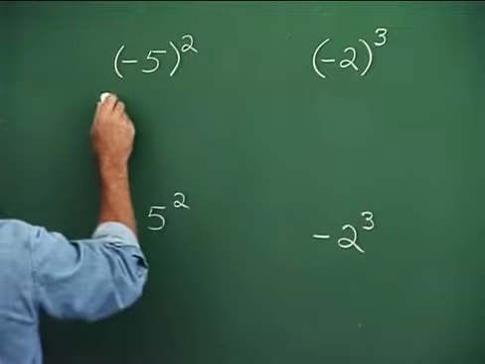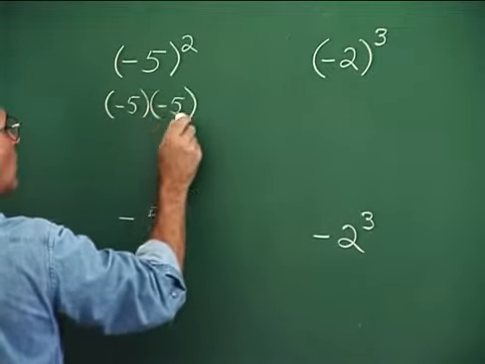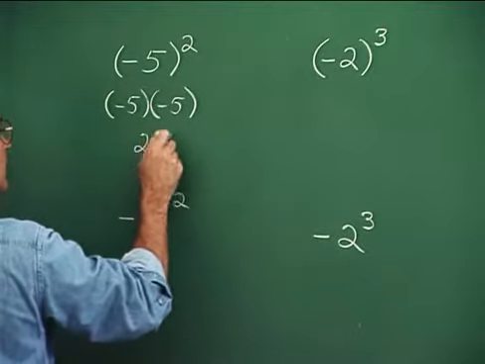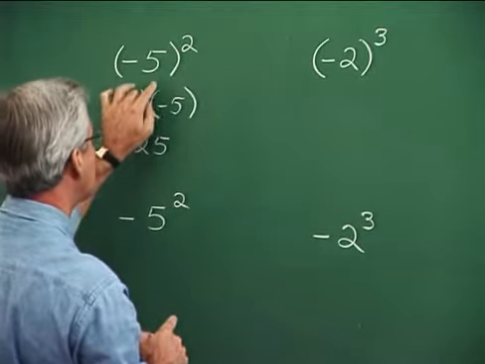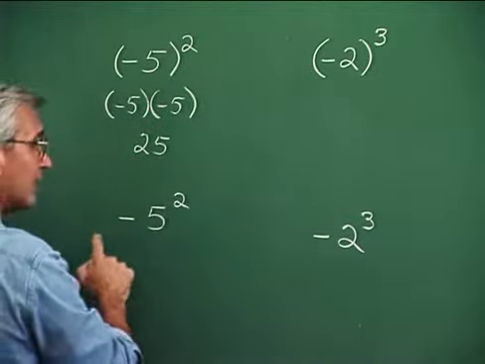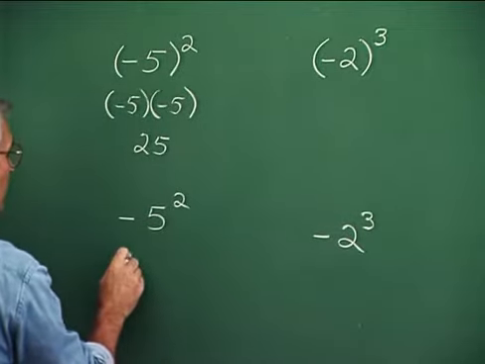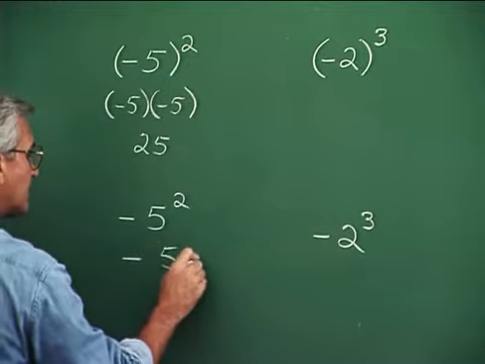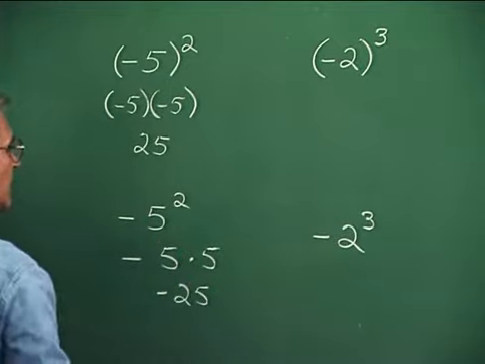So this means negative 5 times negative 5, or 25. And we don't really have to write this step if we understand that this is negative 5 times negative 5. We could go directly to the answer. But this means the negative of 5 squared. That is, only the 5 is squared here. It's negative 5 times 5, or negative 25. So something to be very careful about.